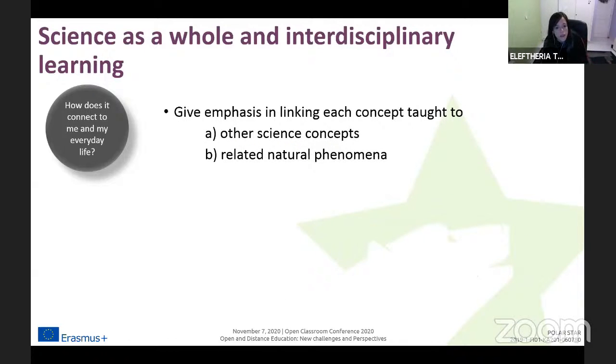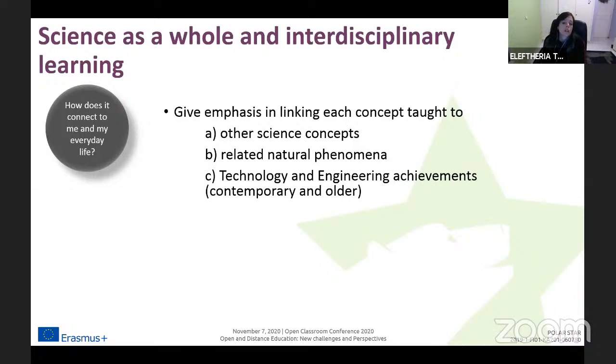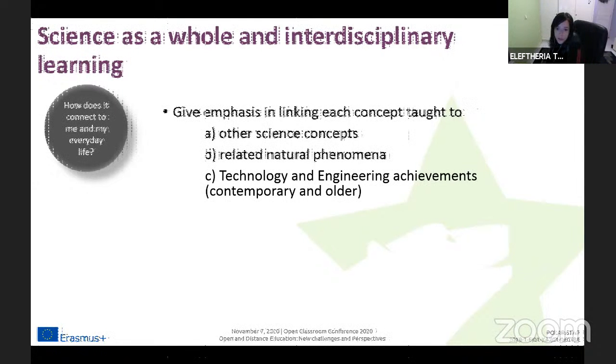And we give emphasis to linking each concept taught to other concepts and to natural phenomena. But it's not just that, because this is not just what everyday life is about. It's also about technology and engineering and achievements that come from technology and engineering, either contemporary or older. These are also related to everyday life.